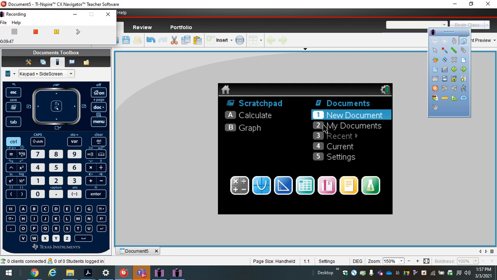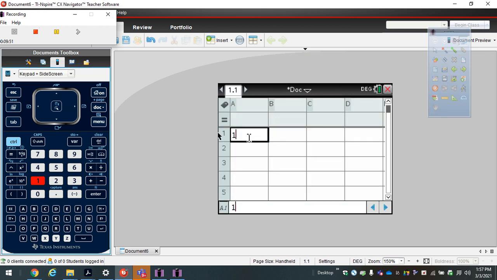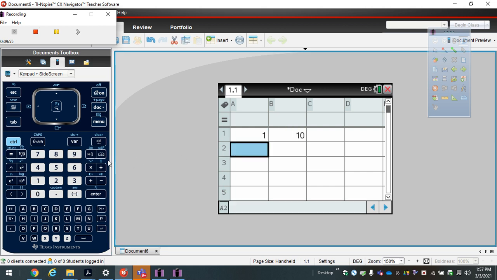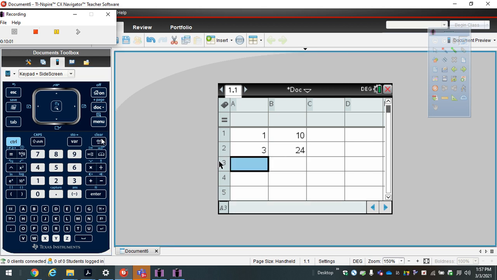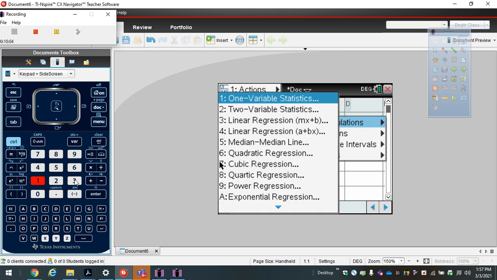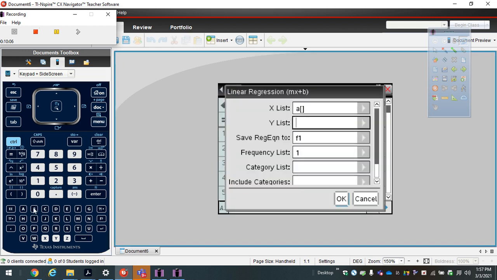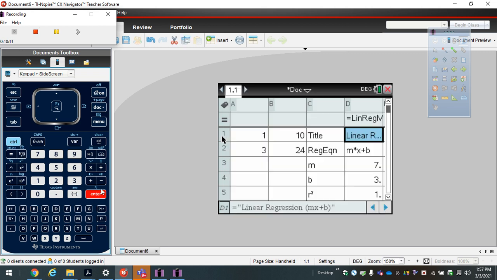turn it on, new document, don't save your old stuff, go to spreadsheets. Remember, it's 110, and then 324. Come over here, menu, 4, 1, 3. Come here, go to B, control right here, enter, enter.